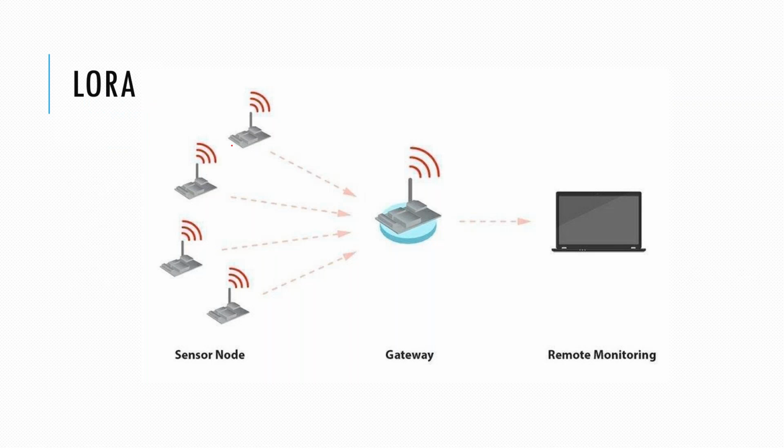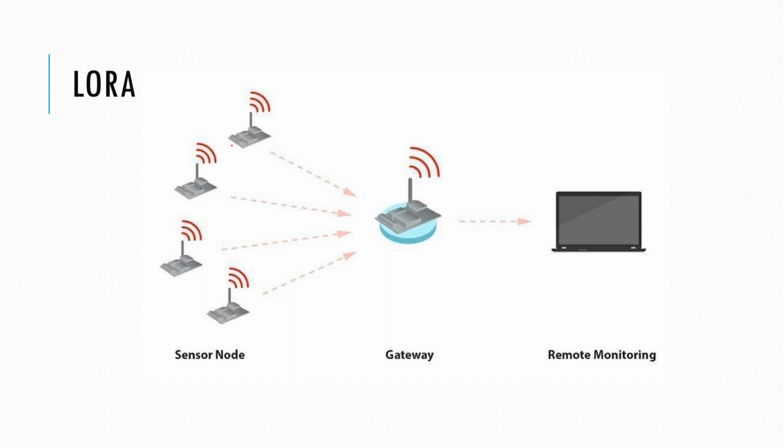If I talk about nowadays, LoRaWAN technology is very famous in the market for designing smart cities. One of the reasons is that it is a very long range, LPWAN based technology. LPWAN technologies means they can work on low power and cover a wide area.